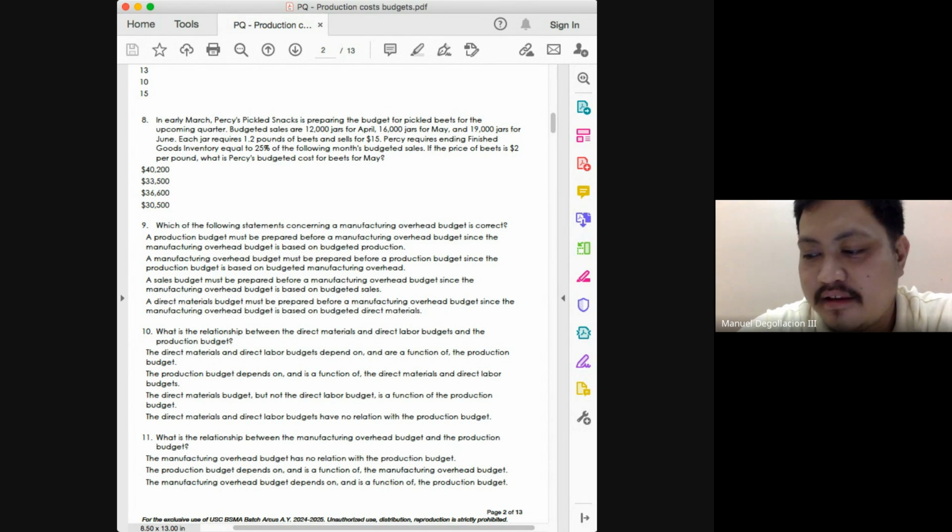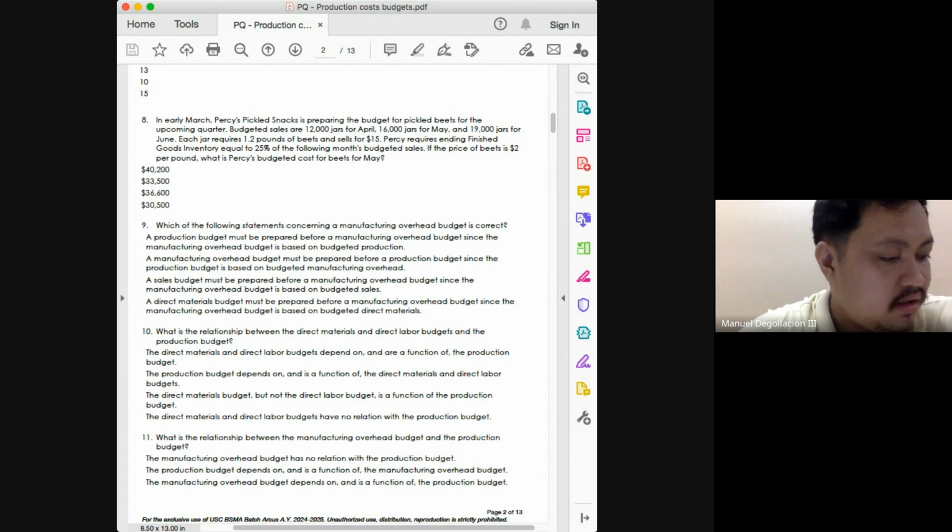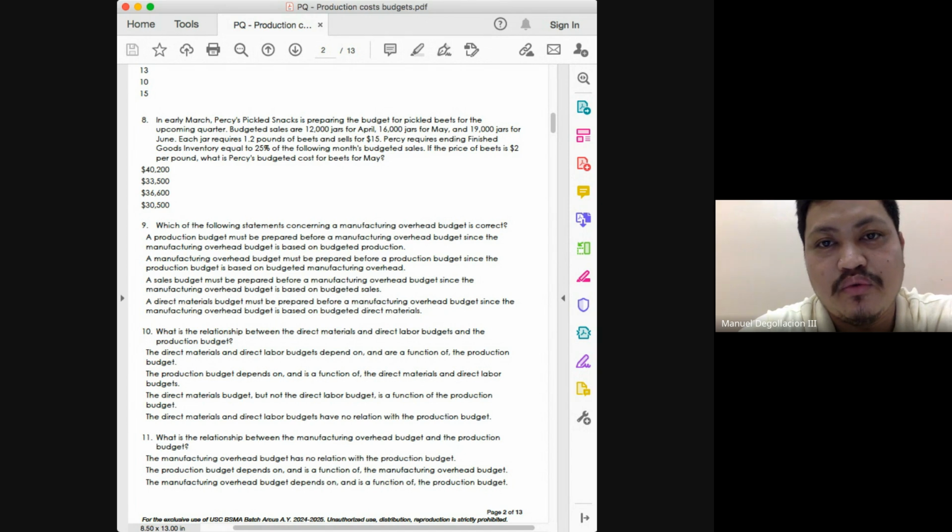And I hope you can recall the formula we mentioned in question number 2. We begin with the materials needed for production, then we deduct the beginning inventory, and then we add the desired or targeted ending inventory. So that's basically what we were doing here. The 16,000 needed for May, and then deduct the existing 4,000 from April, and then add the needed 4,750 in June.